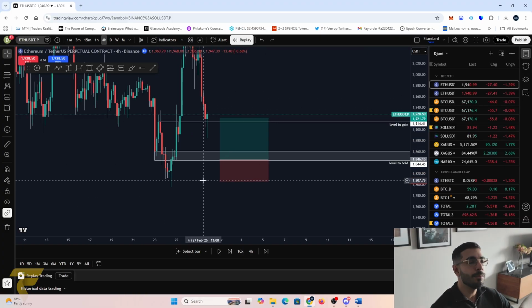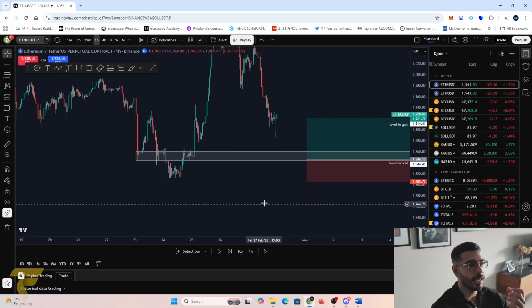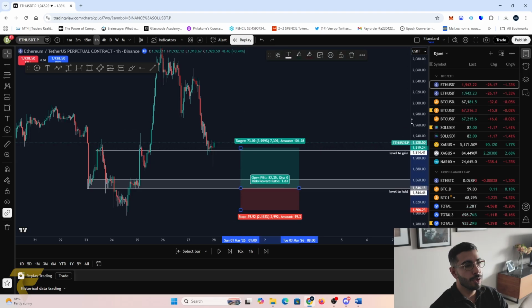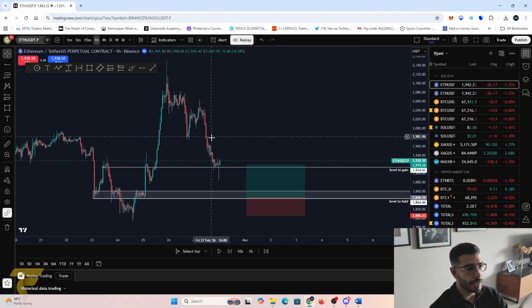But let's just deep dive a little bit and go to one time frame lower, okay? So we can see a little bit more details. You need to understand that on the way down, as you can see, there are multiple so-called untested levels. There are multiple levels which we broke through, but never really retested on the way up, okay?